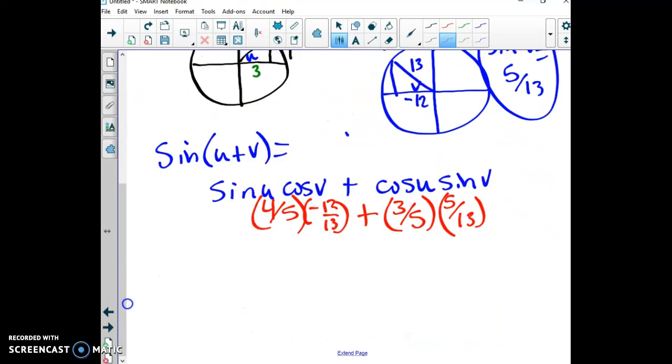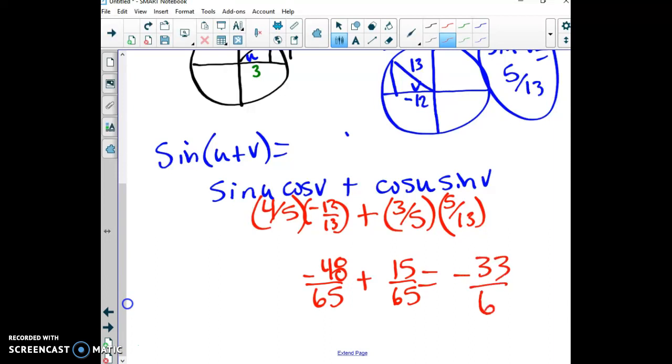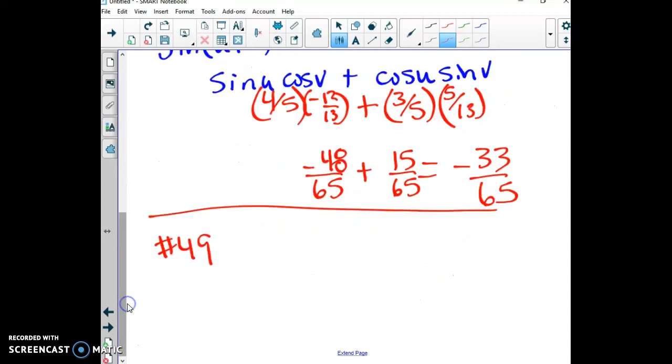Do that multiplication, and we get negative 48/65 plus 15/65. We get negative 33/65. And so problem 49 is what I want you guys to try.